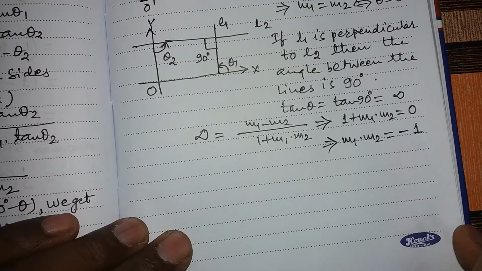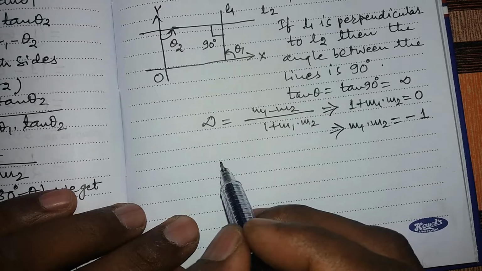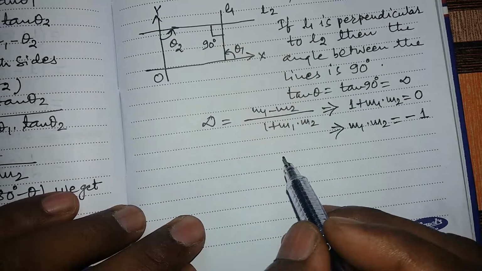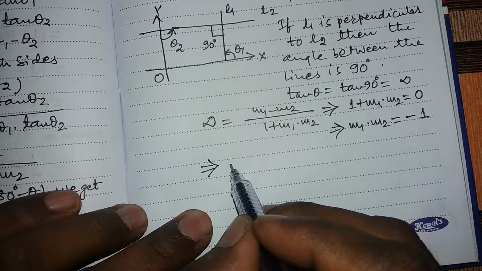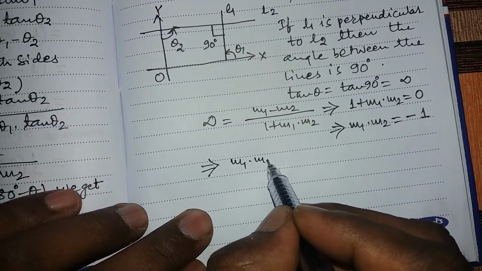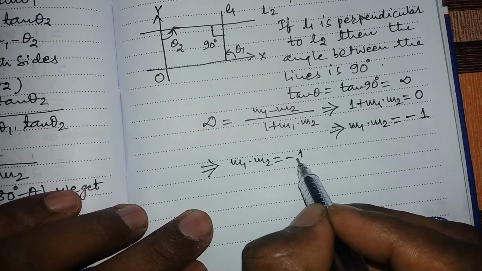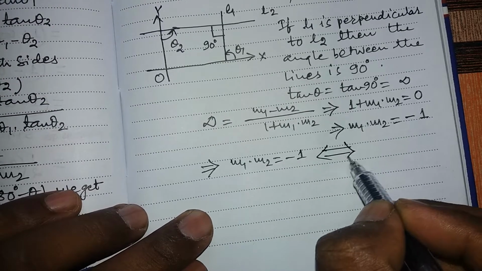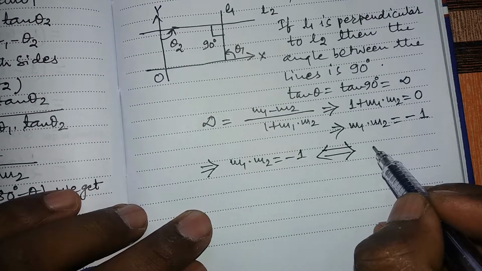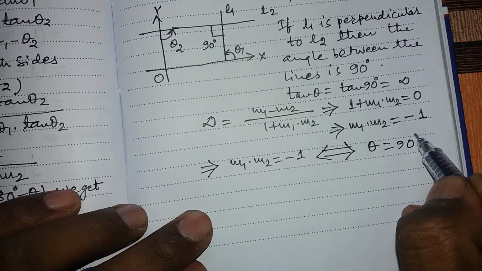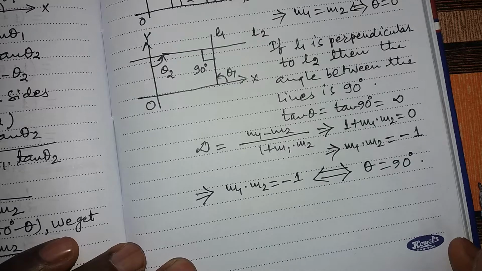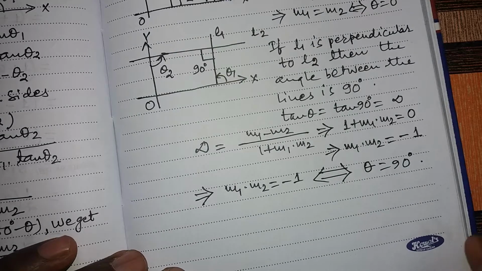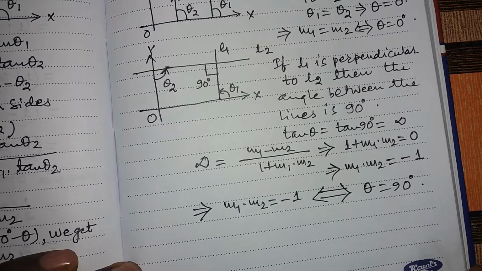So we write that m1 times m2 equals minus 1 if and only if theta equals 90 degrees. These two are the special conditions I have shown you for this derivation.